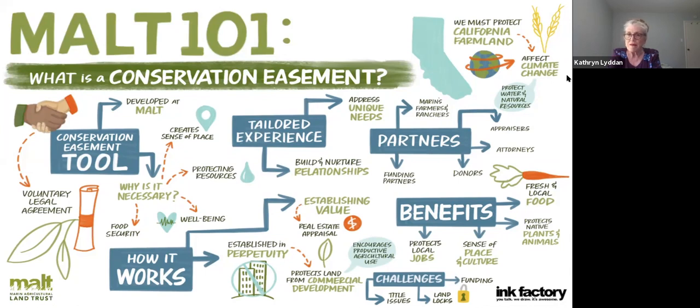The easement itself is a cash payment, and so it can be a very, very important financial tool for a family. Agricultural conservation easements are often used to support a number of different financial strategies.